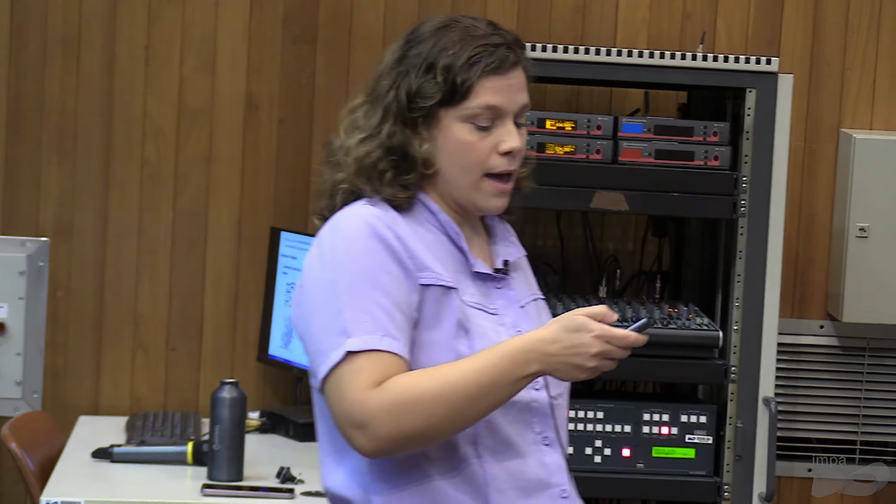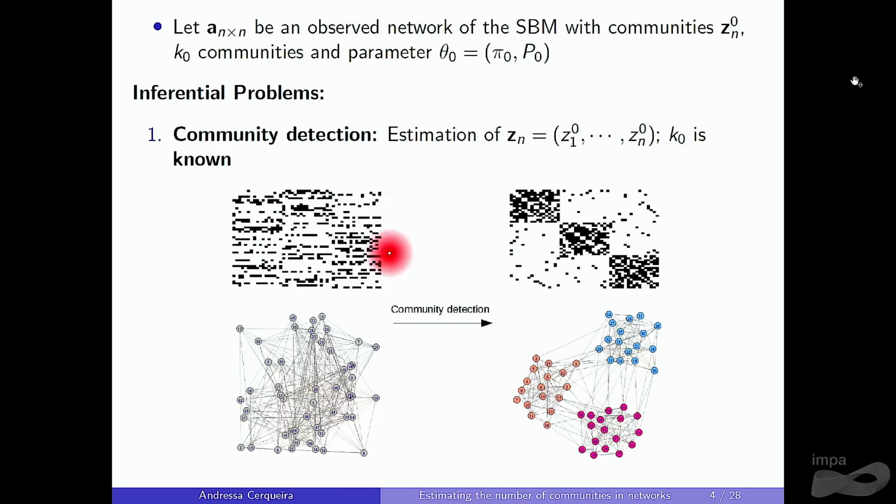So you give me the adjacency matrix of the network, and then you can apply any method, so it can be based on likelihood, spectral, whatever. And then we just return as the output of this method the estimation of the communities. I think Jesus is going to talk more about this problem next week.